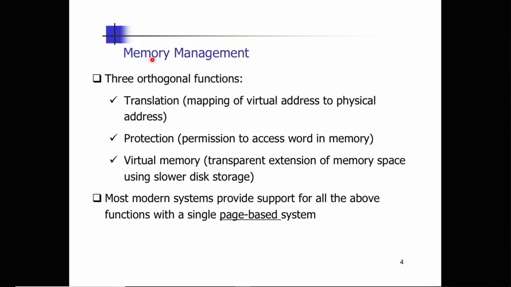In general, memory management of a computer has three orthogonal or independent functions. One is translation, which means translating a virtual address into a physical address, mapping a virtual address to something that is real, a physical address. The other one is protection: do we have permissions to read, write, or read and write a word in memory?